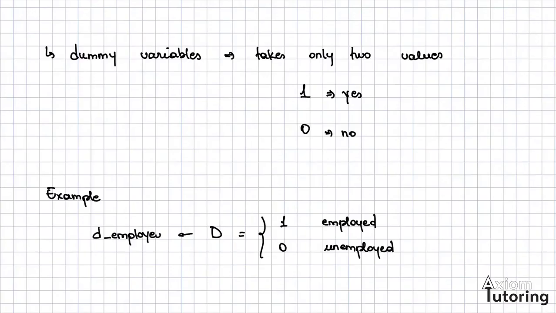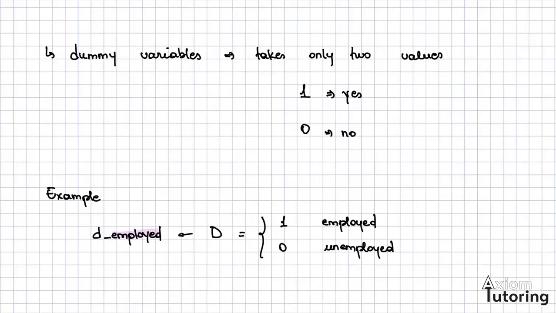So that the 1 should automatically in your head be what the name of this variable is telling you, meaning employed. And you can add that D to remind yourself that this is a dummy. Especially if, let's say, you have also another variable where you have for how many years someone has been employed or for how many years someone has been unemployed.